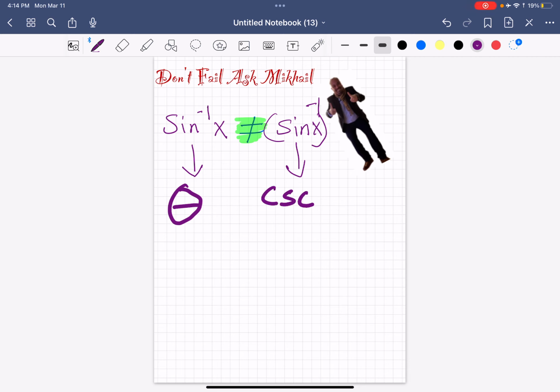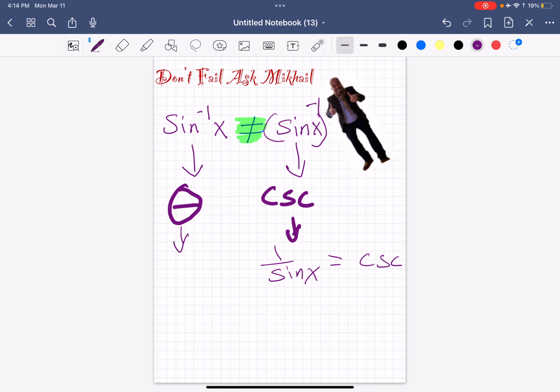So when you're looking for an angle, when you're looking for theta, we do sine negative 1. If you're looking for the inverse trig, that's sine negative 1. If you're looking for the reciprocal, that is 1 over sine x, which is equal to cosecant.